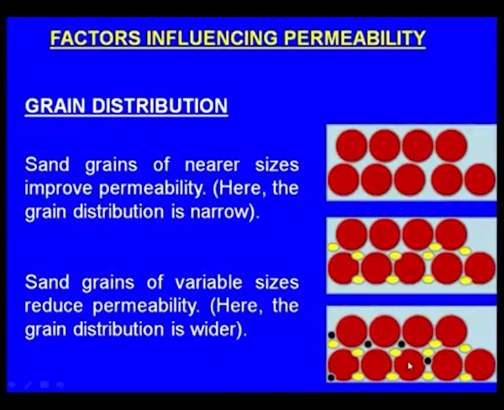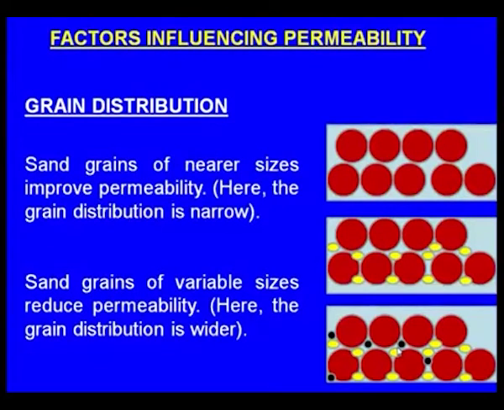Now let us see the third case. Here you can see three types of sand sizes. One is the bigger size, this is the medium size, and this is very fine size. At least in the second case a little clearance is there, through that clearance hot gases were passing. Now even in this little clearance the very fine sand grains are occupying, then the clearance will be minimum and the ability of the hot gases to pass through these sand grains will be extremely minimum.